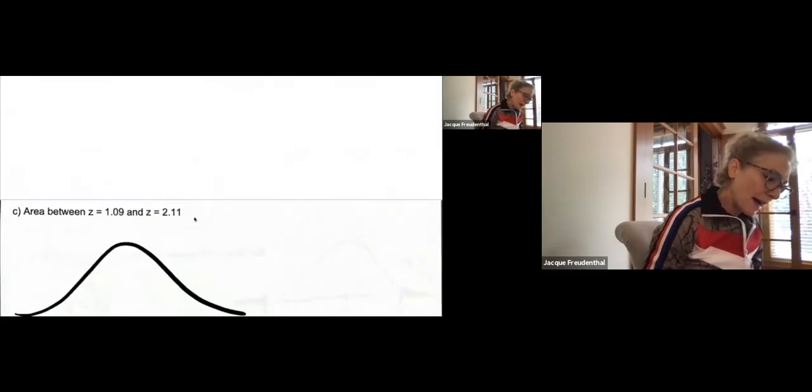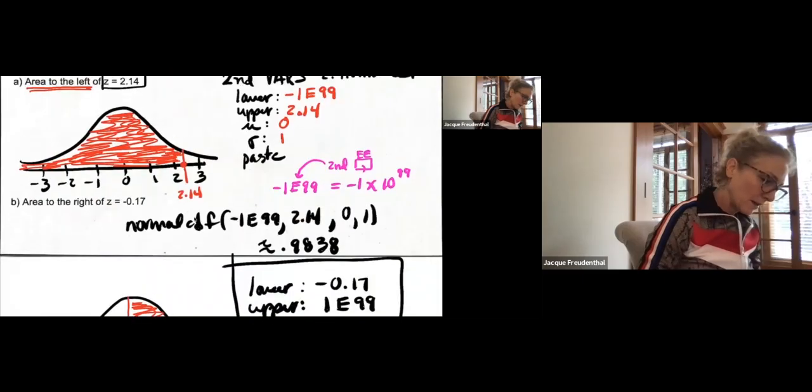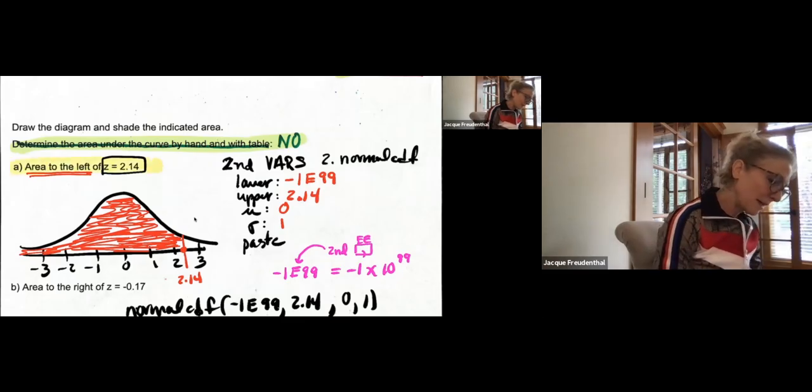Let me just go back. I didn't write probability statements, so I want to be a little bit more clear about that. For the first part, area to the left, my probability statement is the probability that Z is less than 2.14.